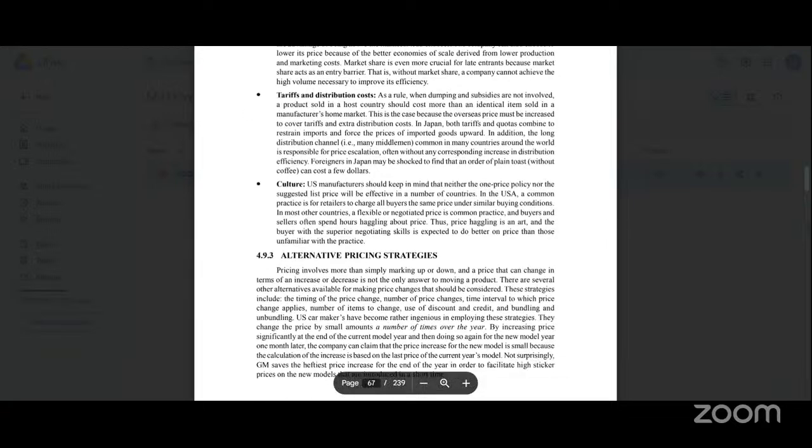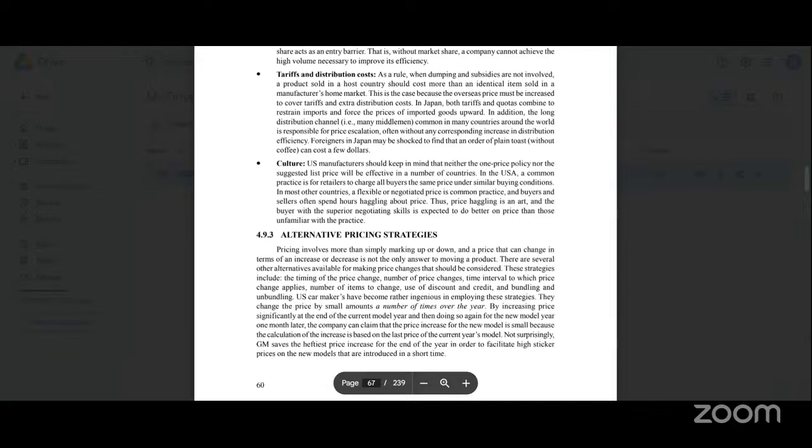The tariffs and distribution costs. These are also considered in terms of the costing or pricing of the product. If there are more middlemen, that is agents or wholesalers or retailers or others who are actually helping to move the goods onwards, the tariffs and distribution costs may actually go up.